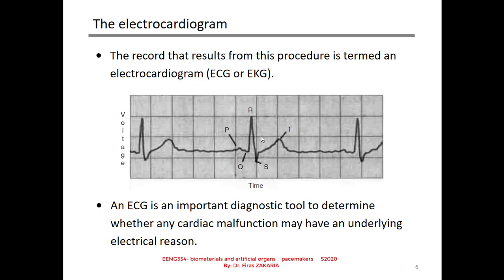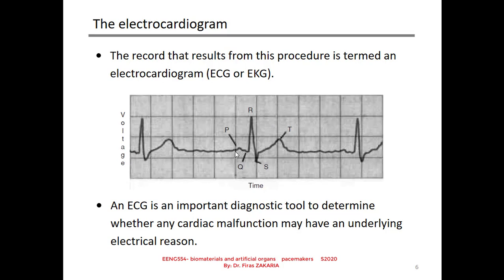As you see here, the normal ECG is composed of many segments which are called PQRST segments or PQRST waves. Let's take a review.